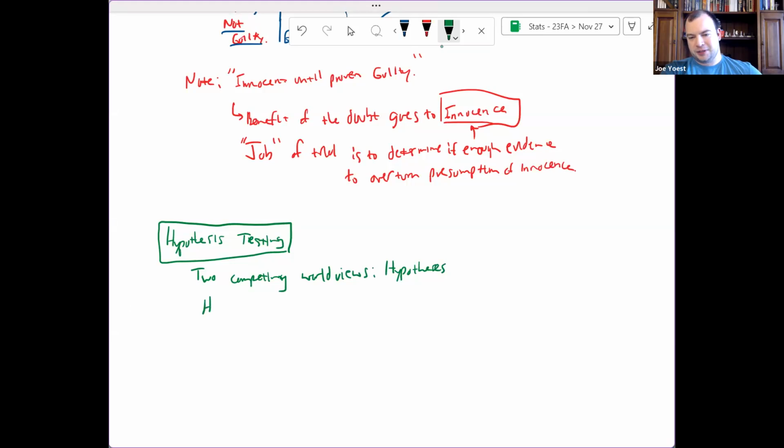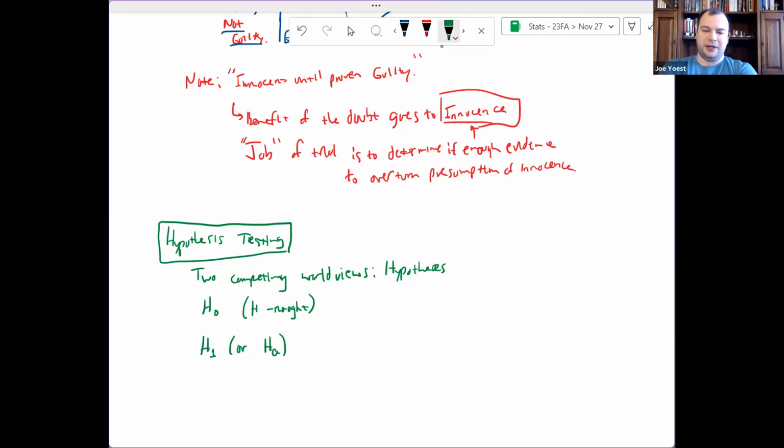We have one hypothesis that we call H subscript 0, so H0 or H naught. This is H naught, not like N-O-T, not contradicting something, but H naught, H subscript 0. And we have another hypothesis that's H subscript 1, or sometimes written H subscript A, where the subscript is a lowercase a.